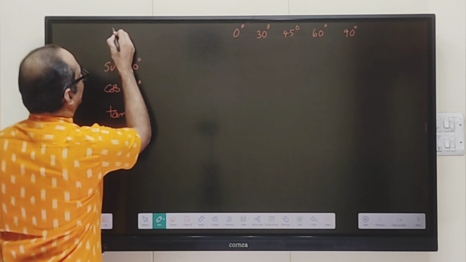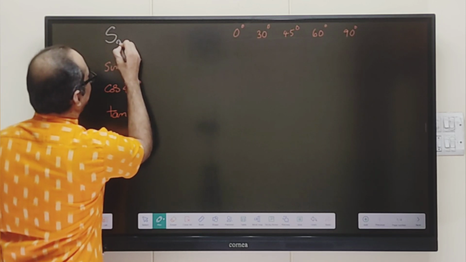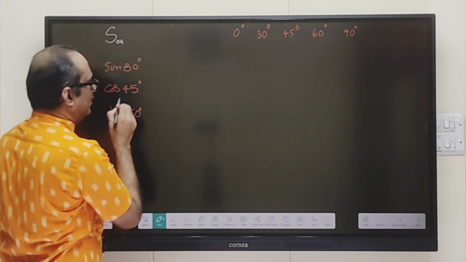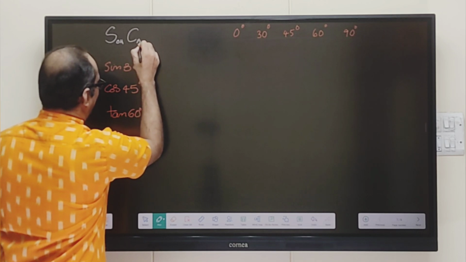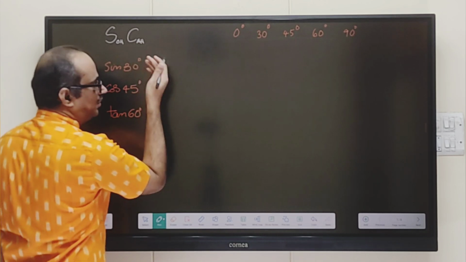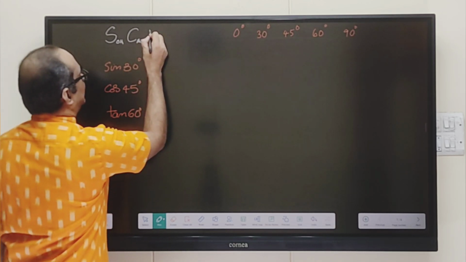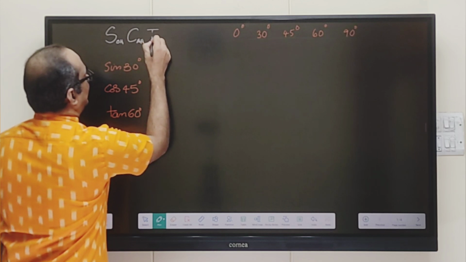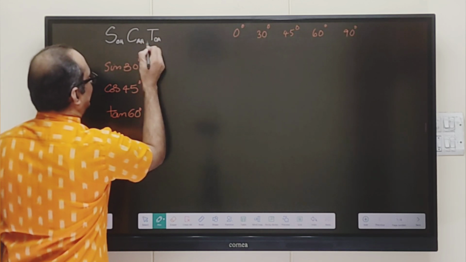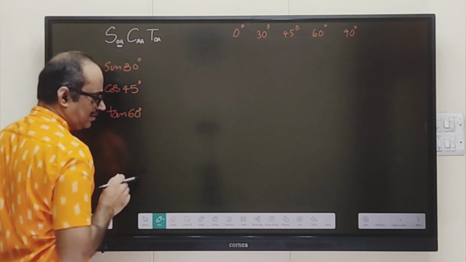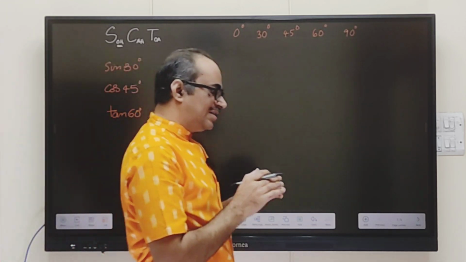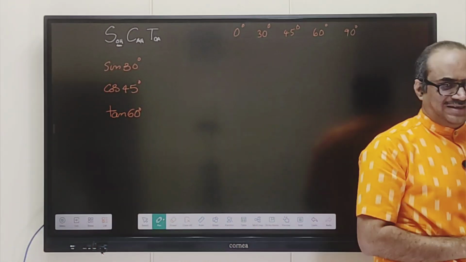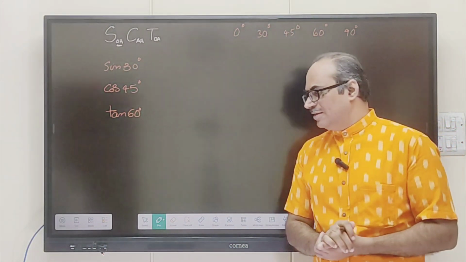First we know that if you want to know sine, I should know the ratio of opposite and hypotenuse. Similarly for cos, I need to know the ratio of adjacent and hypotenuse side. Tangent, it is opposite by adjacent. That means I need to have triangles where I have the angles as 30 or 45 or 60 and I know the ratio of their sides.